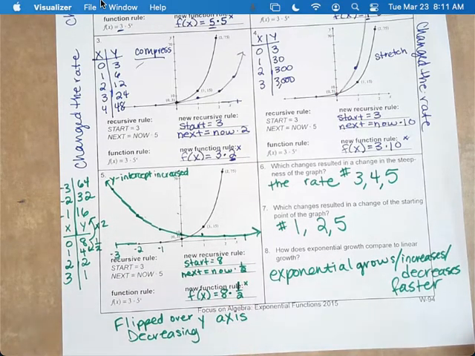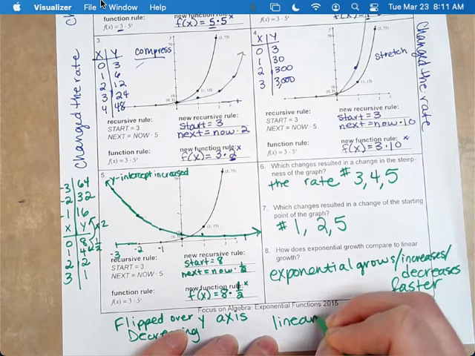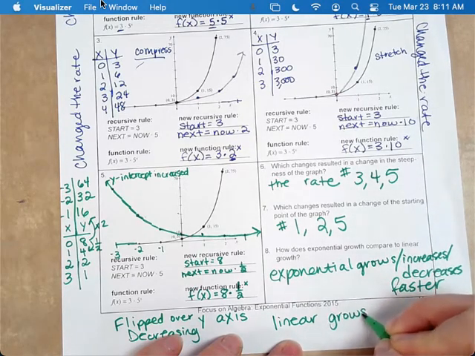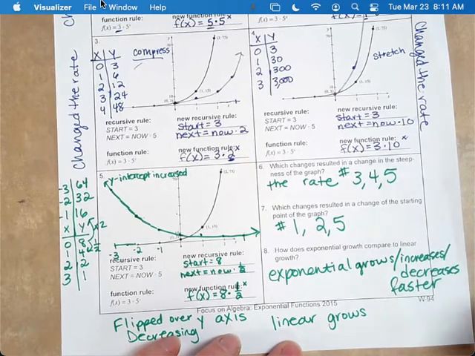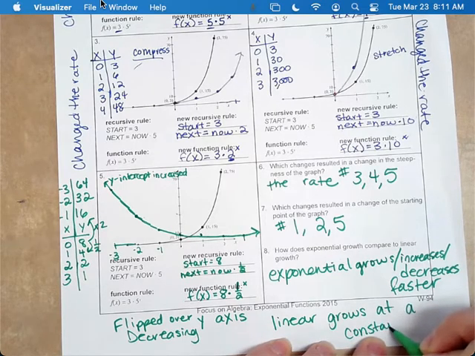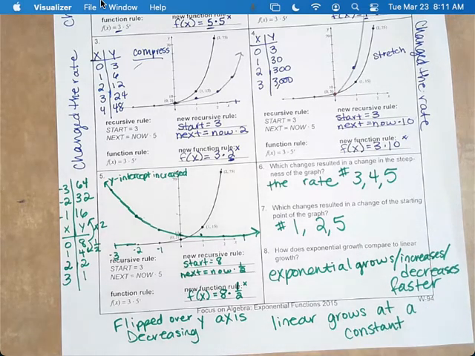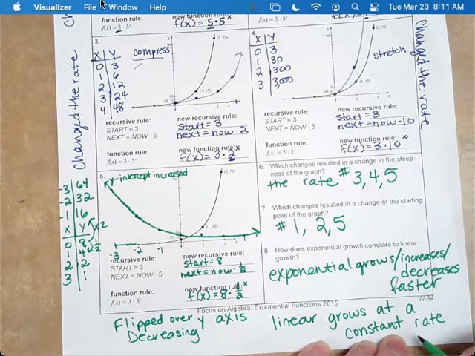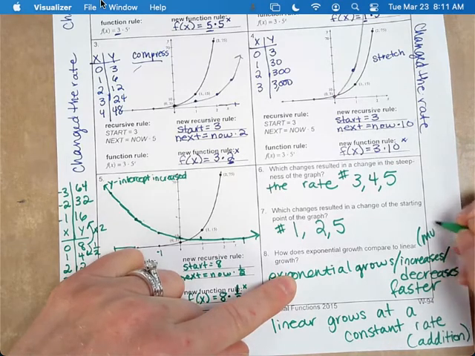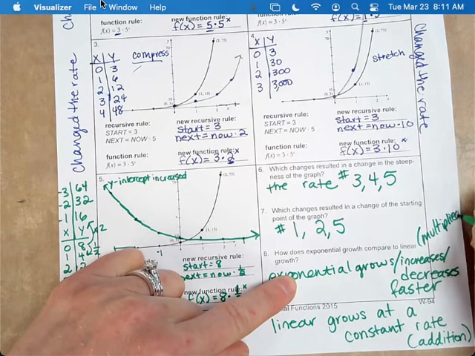But what do you do whenever you're doing linear? How is linear being increased or decreased? At a pace, like a constant rate. So it's going to grow by 2 every month or something like that. So this would be more like addition. And if it grows faster, increases faster, this is more like multiplication, repeated multiplication.